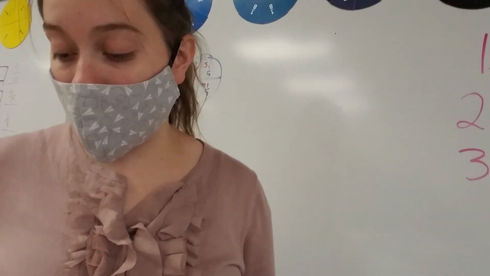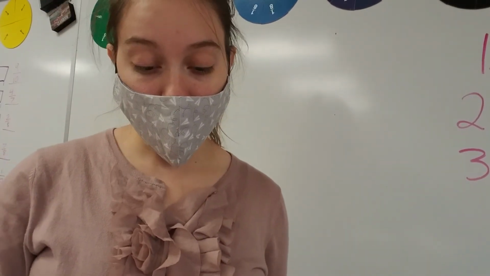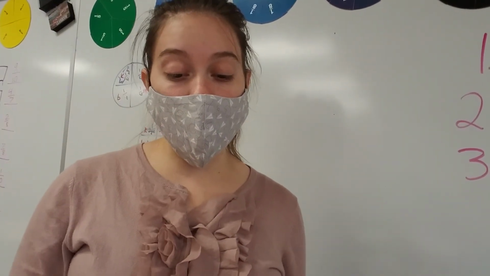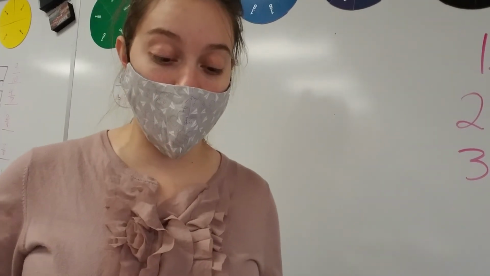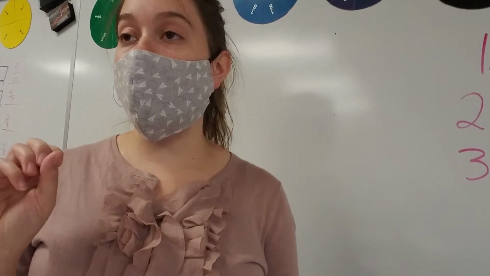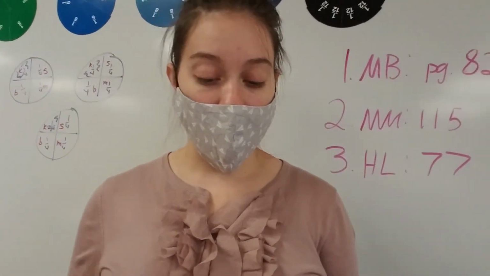And then you are going to do the practice. When you look at math boxes on 82, number 1, you are identifying equivalent fractions. They tell you to find 2 equivalent fractions for 1/3, and then 2 equivalent fractions for 1/4.